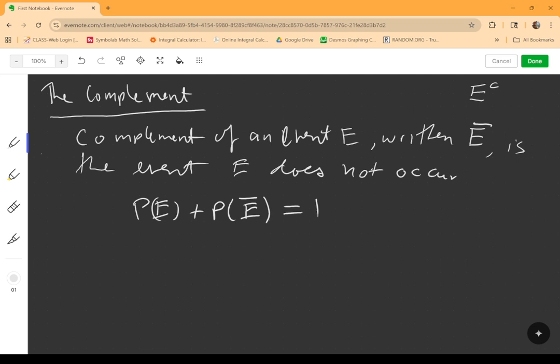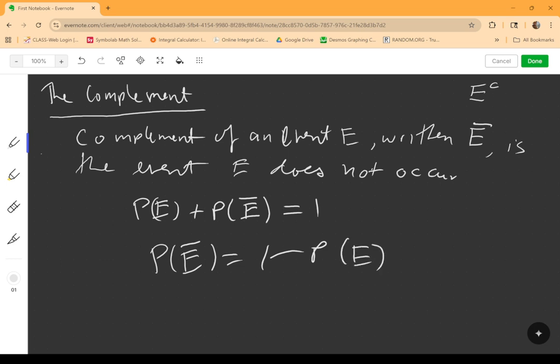Either the event happens or it doesn't, so it has to add up to 1. Doing a little algebra, the probability of the complement is equal to 1 minus the probability of E.